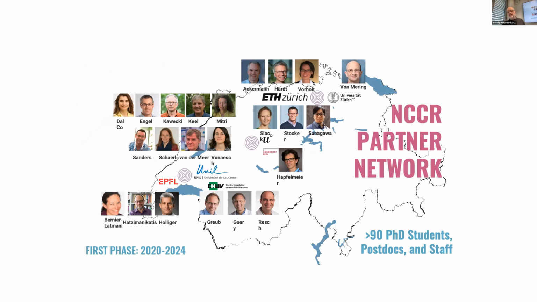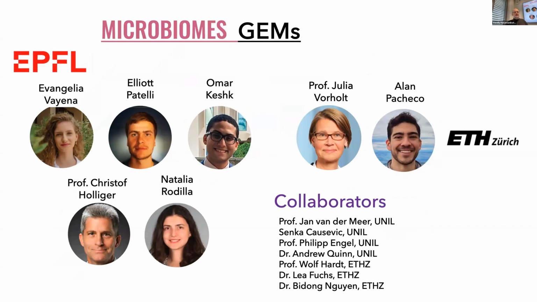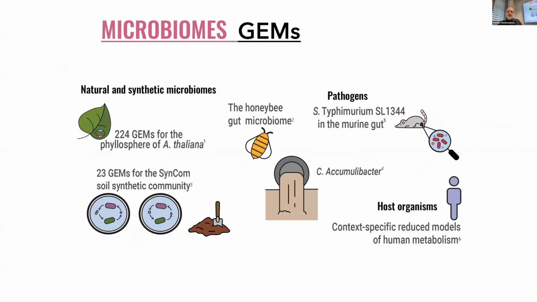So another question is, what are the microbiomes in the GEMs? How are we doing this? I'm going to show you some of the GEMs we have there and how we are using them. Here I show the people from our lab and other collaborators with whom we are building different GEMs.